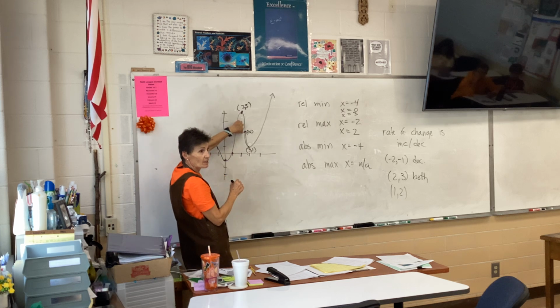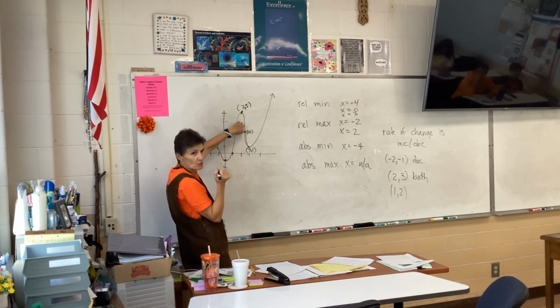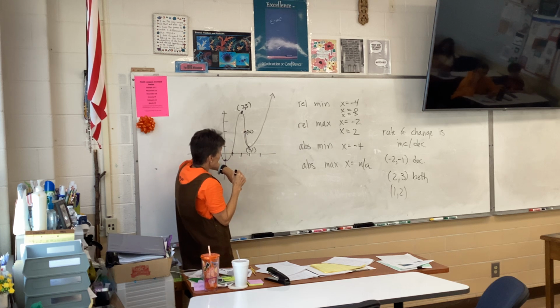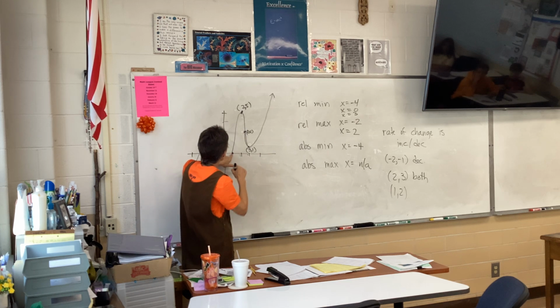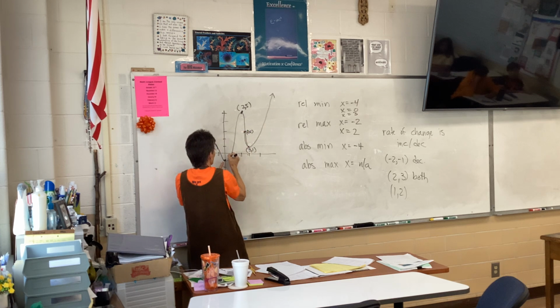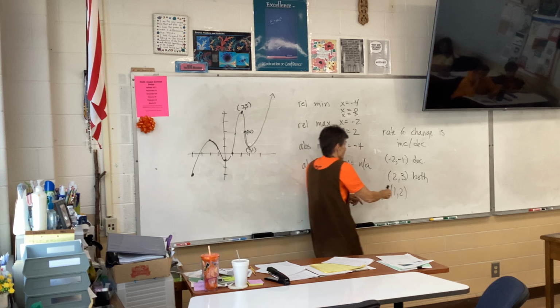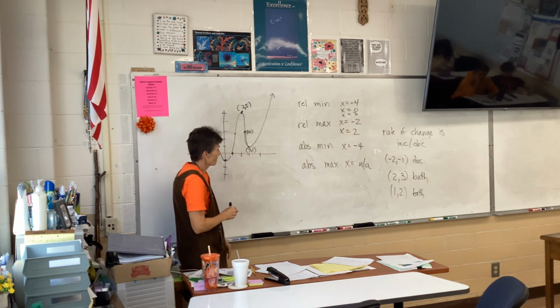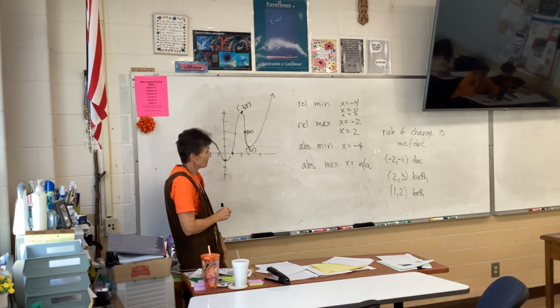So that point of inflection would be somewhere in between, as you pointed out. And then 1, 2 is going to have exactly the same thing, because this part of the curve is concave up, and this part is concave down, so that's both also. It has parts of it that are both. Alright, is that okay?